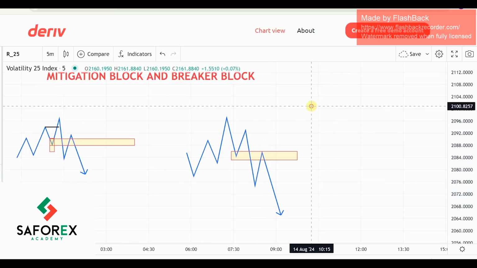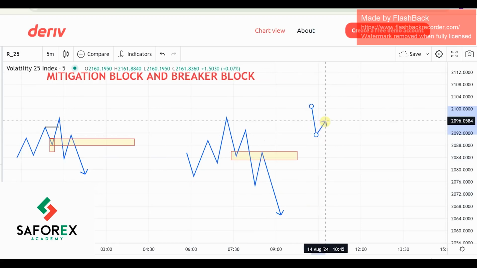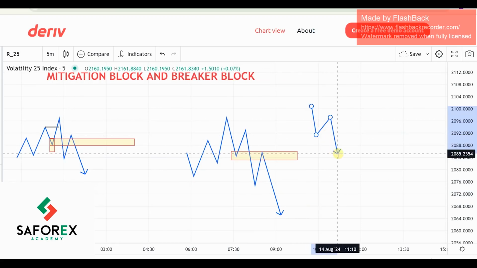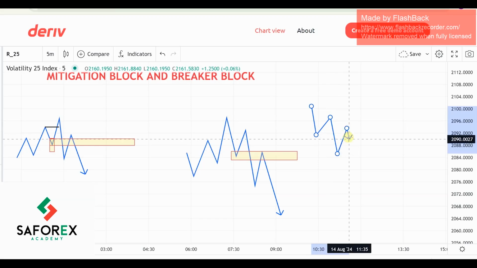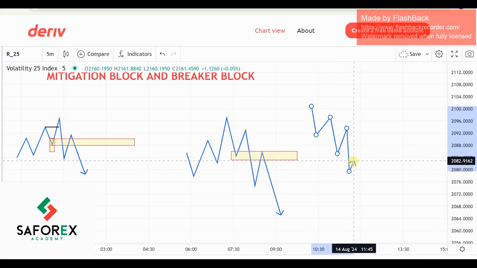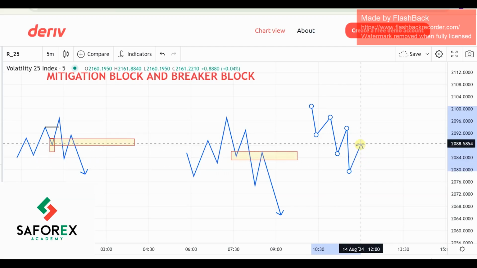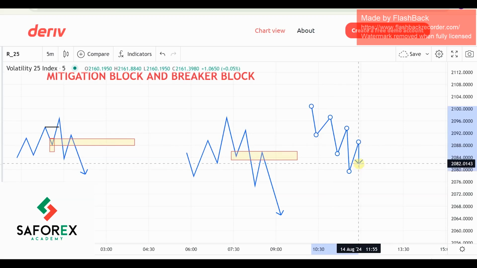If I see price coming this way, okay, what happens is that the next one, I'm expecting the low to be broken, right? This market will break this low, but unfortunately this market refused to break this low. And what did it do?